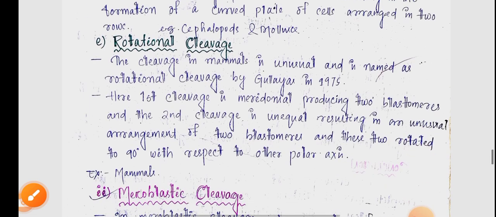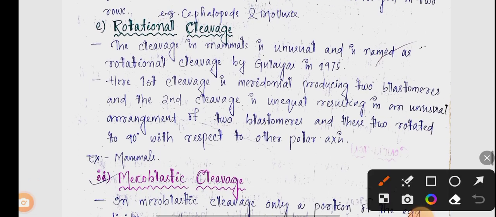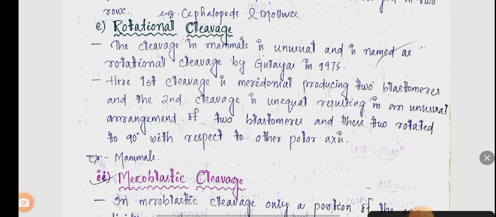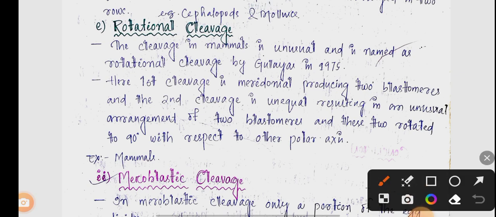Number 5, rotational cleavage. What is rotational cleavage? The cleavage in mammals is unusual and was named rotational cleavage by Gulyas in 1975.